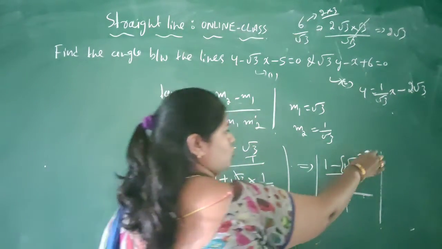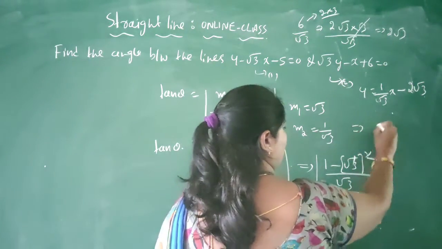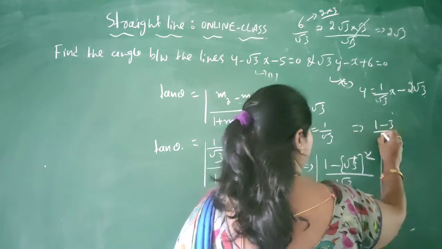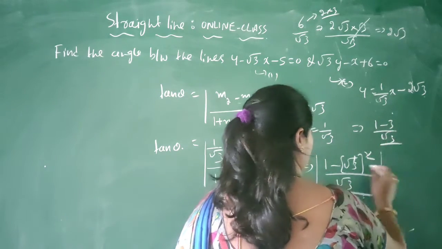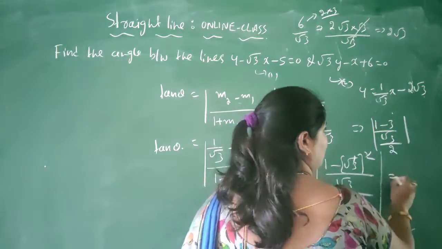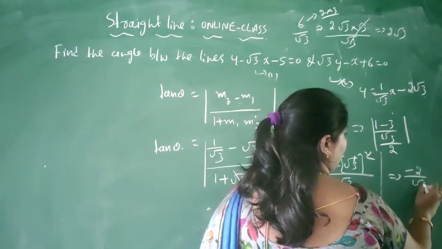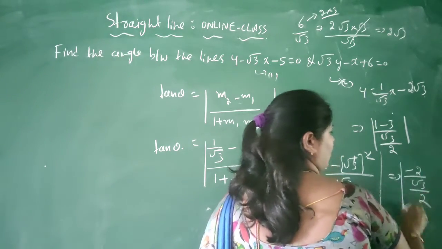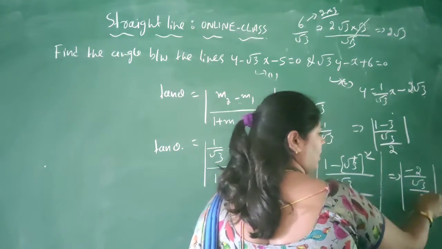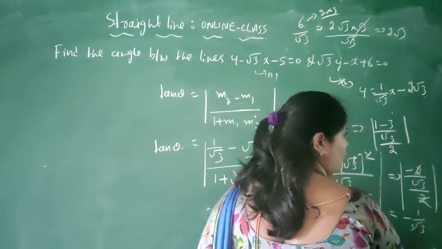So it is going to be 1 minus 3 divided by root 3, divided by 1 plus 1 is 2. So 1 minus 3 is minus 2 divided by root 3. Inverting the divisor, the 2s will get cancelled. You will get minus 1 by root 3.